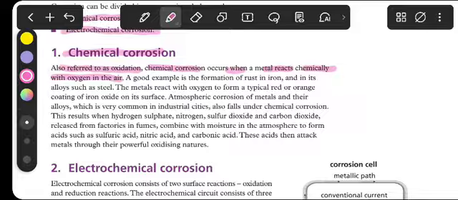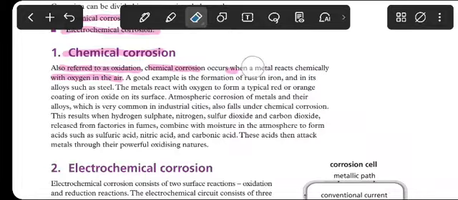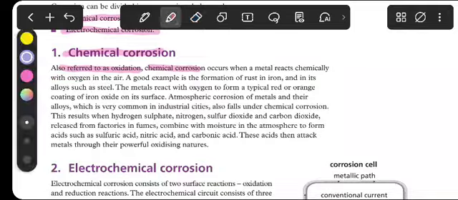Or you can say it's defined. It's up to you. You can also say chemical corrosion is defined, or what is called chemical corrosion. It's when metal reacts chemically with oxygen in the air. That is your point then.